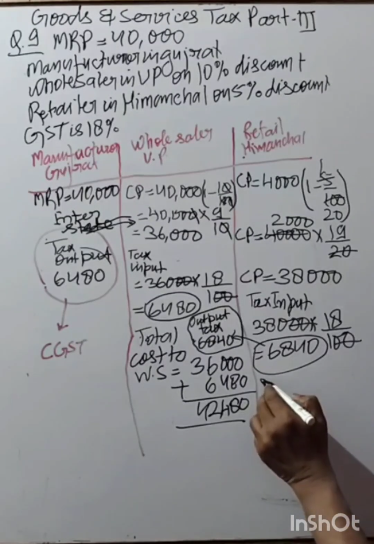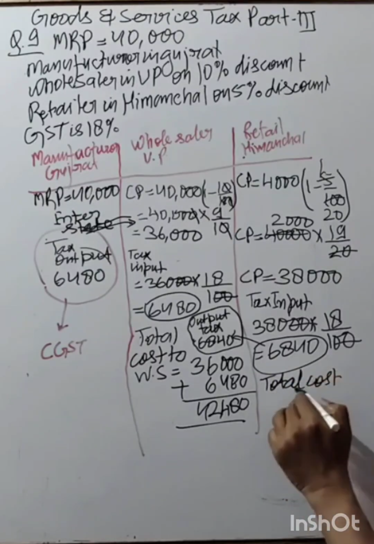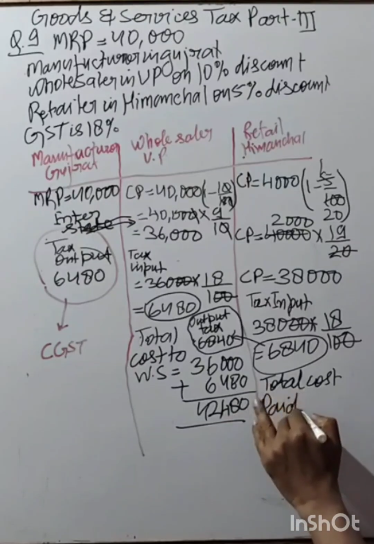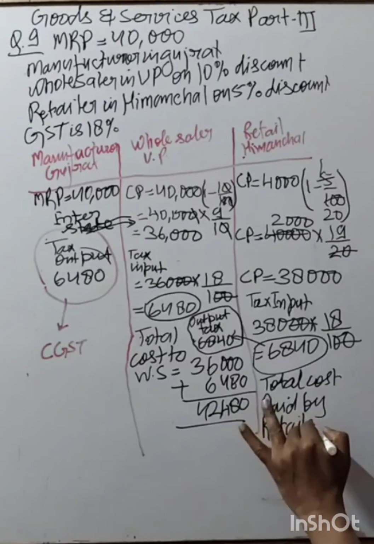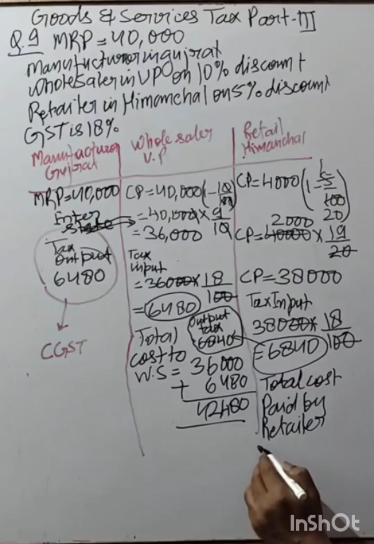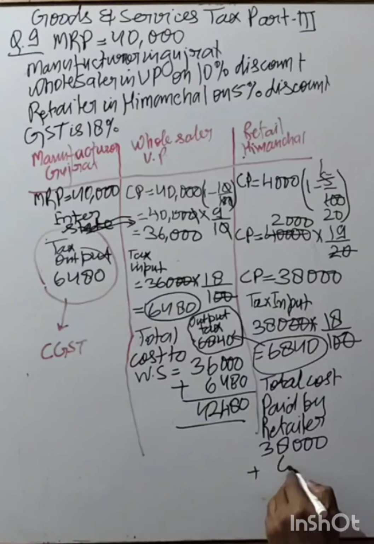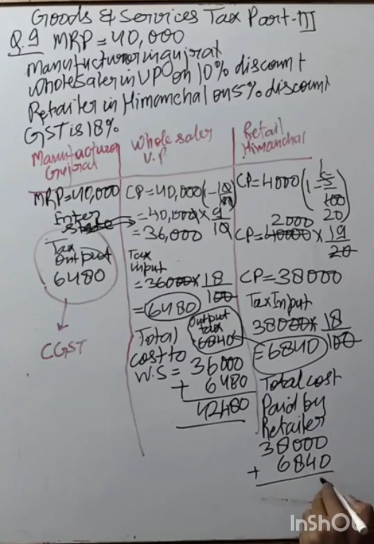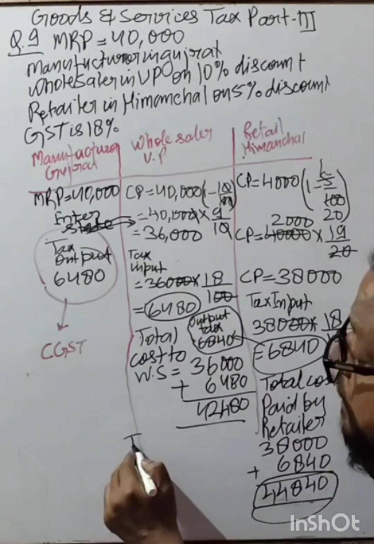Now total cost paid by retailer is 38,000 plus 6,840. So he paid 44,840. Right?